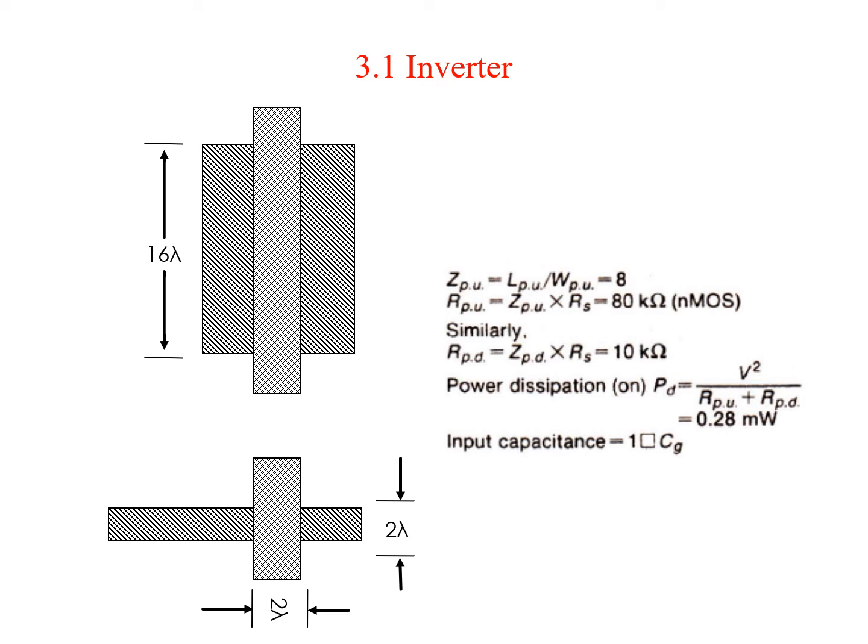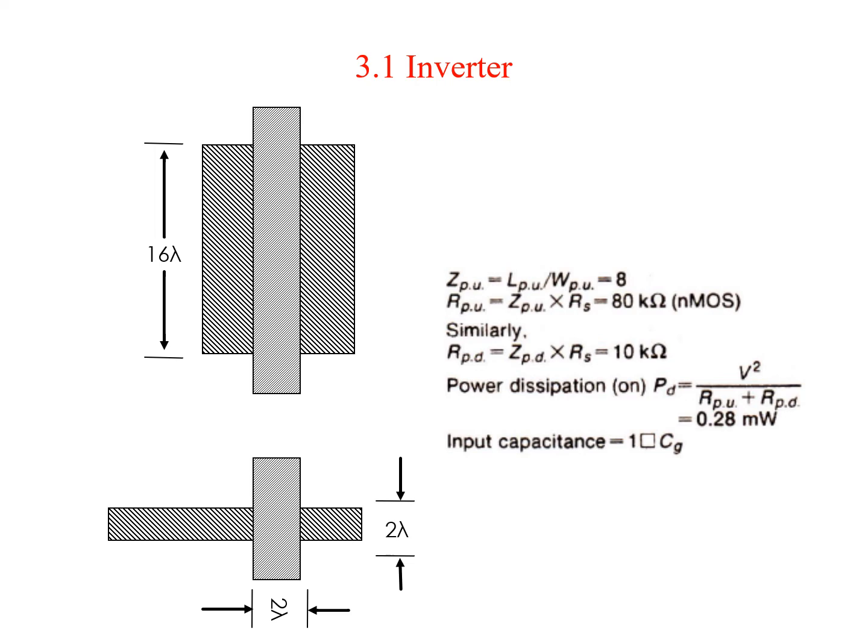Then the other important parameter that you need to calculate in this particular part is the power dissipation. Just by going through this equation, you will see that the power dissipated in this structure, for the specification you have taken, is 0.28 millivolts, considering that the input capacitance is 1 Cg.